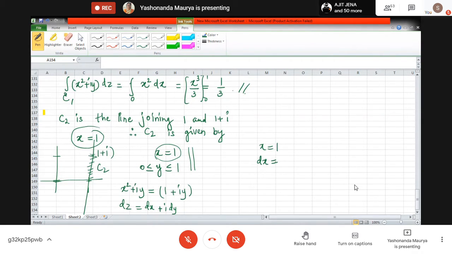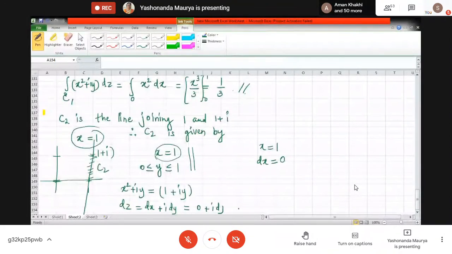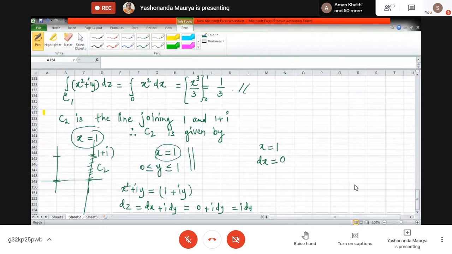What will be the derivative? x is equal to 1, so dx will be 0. So this turns out to be 0 plus i dy, that is only i dy. So we got the simplification of this dz term.